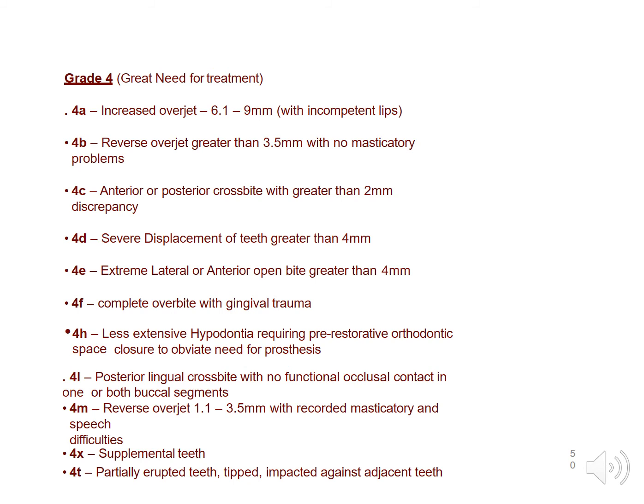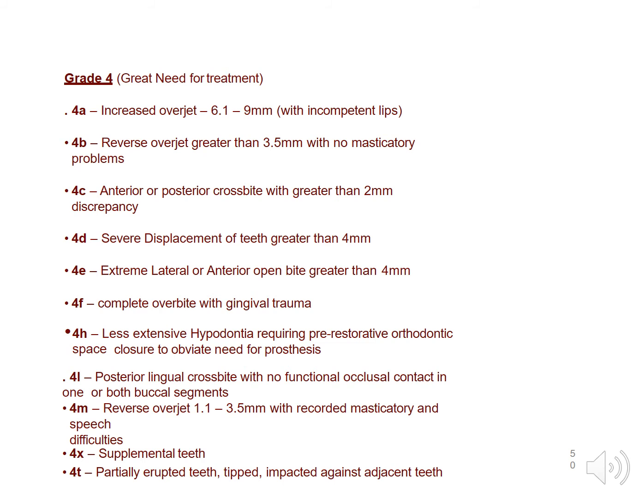So when you read more about grade 1, 2, 3, and 4, you can see there is a repetition of the alphabetical letters. When we see A, it refers to overjet. B is reverse overjet. C is crossbite, D for displacement, E for open bite, and then F for overbite.